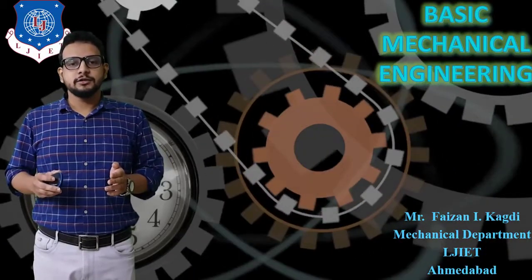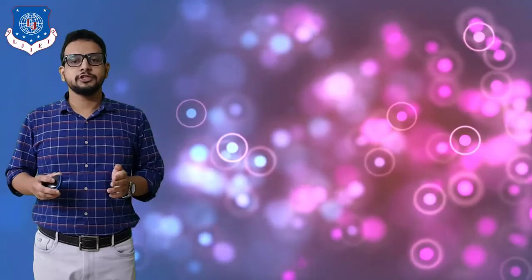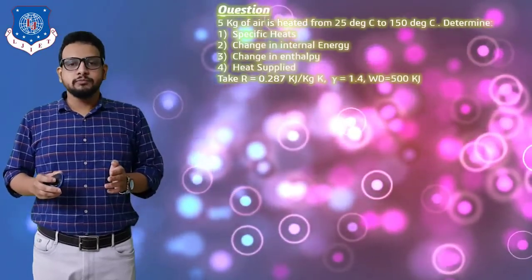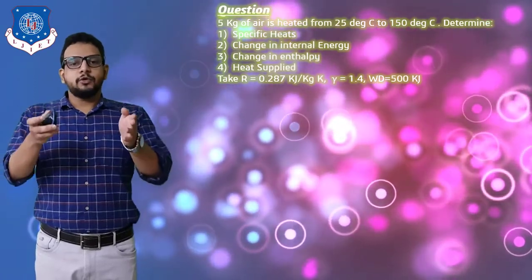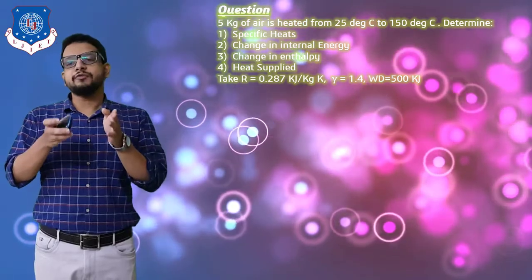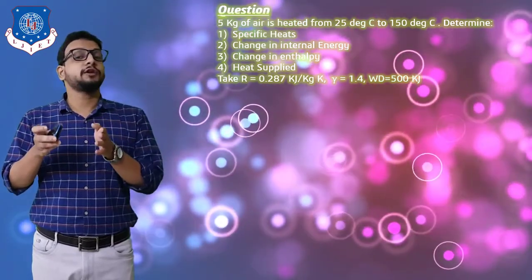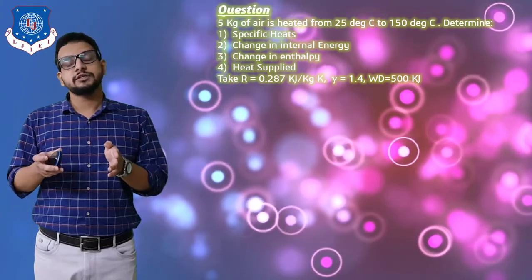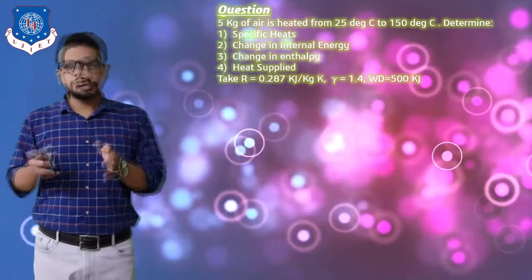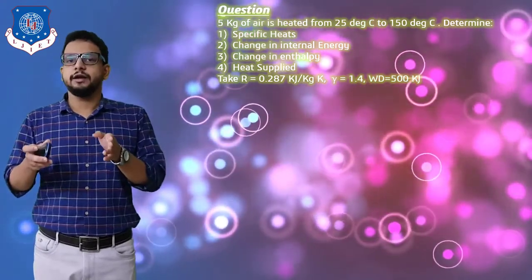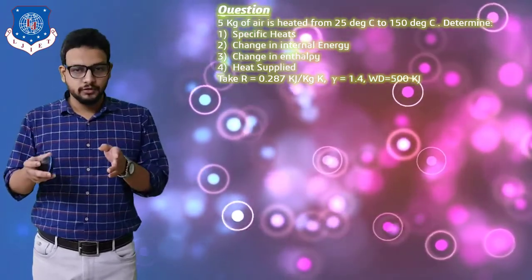So let's see our first question, number 1. As you can see on your screen, the question is displayed. 5 kg of air is heated from 25 degrees Celsius to 150 degrees Celsius. You need to determine, first, specific heats, that is specific heat capacity at constant pressure and at constant volume.